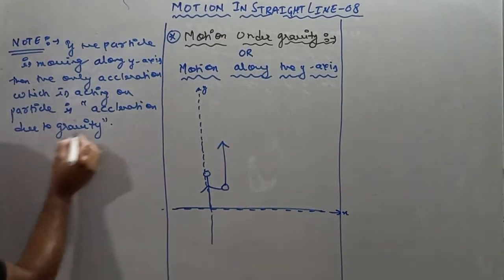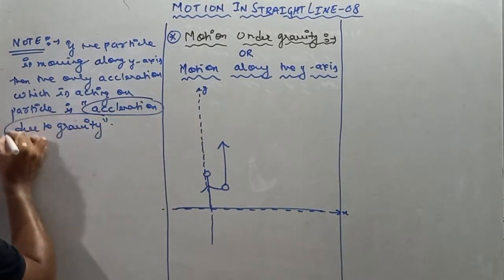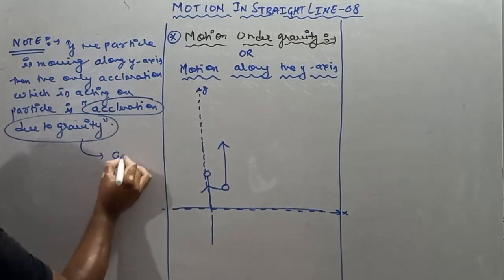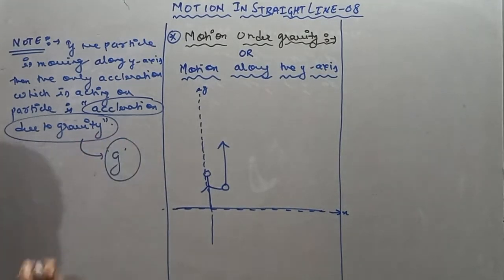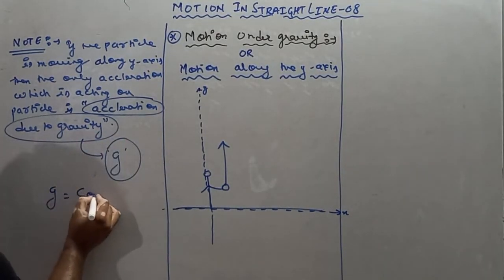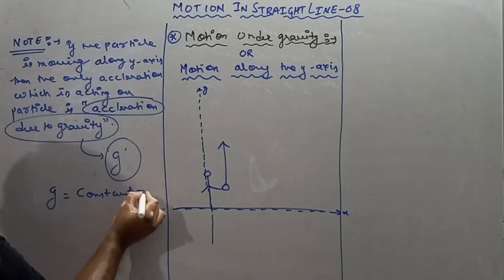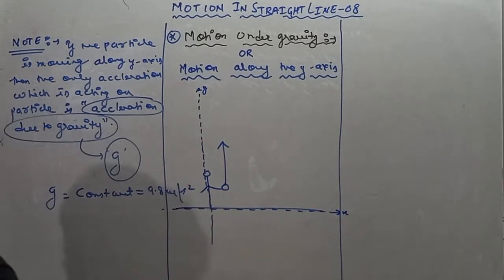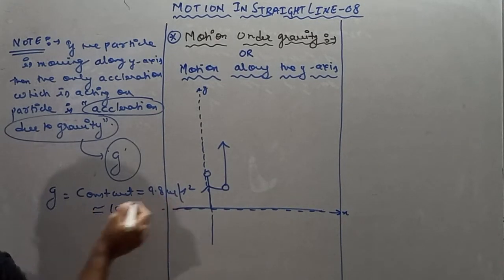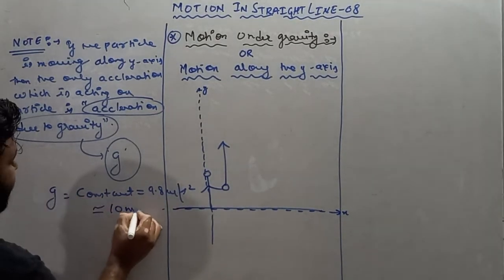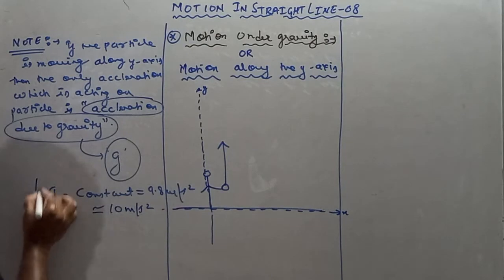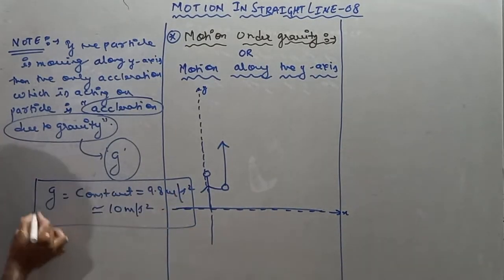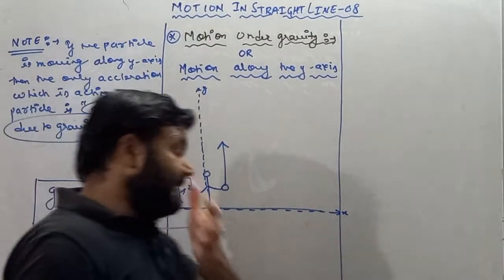I hope you all know about acceleration due to gravity. The acceleration due to gravity is nothing but g, and we know that g is a constant term and its value is 9.8 meter per second square. We'll take 10 meter per second square instead of 9.8. So the value of g is approximately equal to 10 meter per second square.